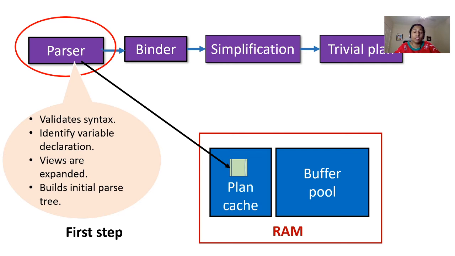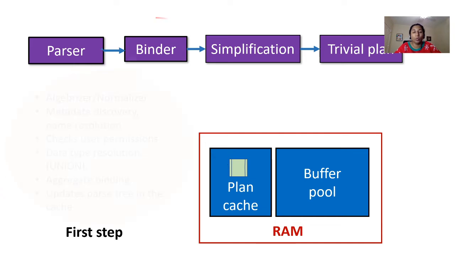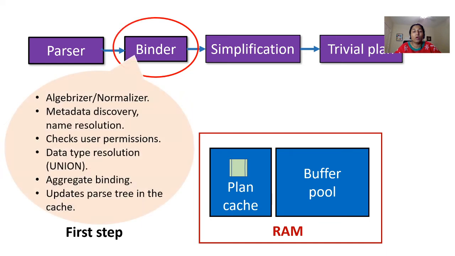But what if it doesn't find any similar execution plan with the same match? It will go ahead and build the initial logical tree for the first time. And then our query will now be sent to the binder component. Now what happens at this binder component is, the user permission check happens, like whether the user who is running the query has enough permissions to those objects or not.